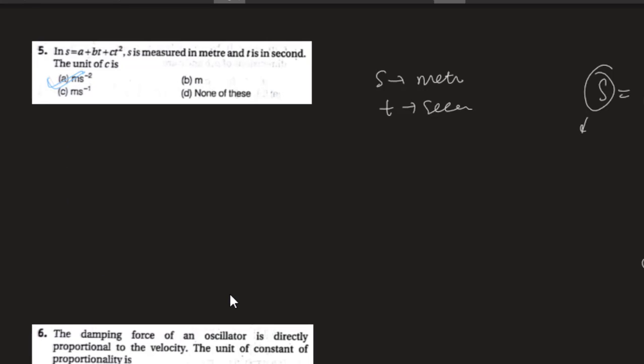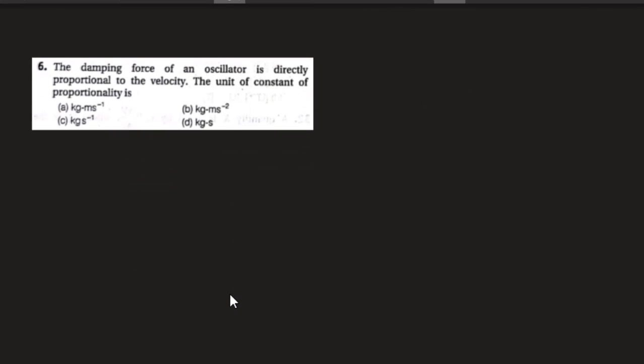Now move to the next question, that is the sixth question. The damping force of an oscillator is directly proportional to the velocity. The unit of the constant of proportionality is how much?